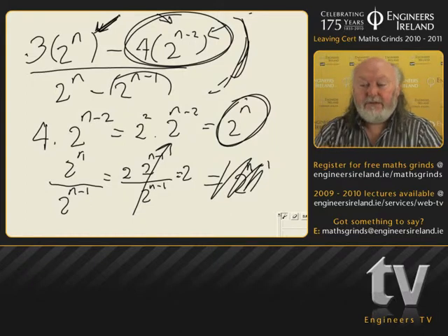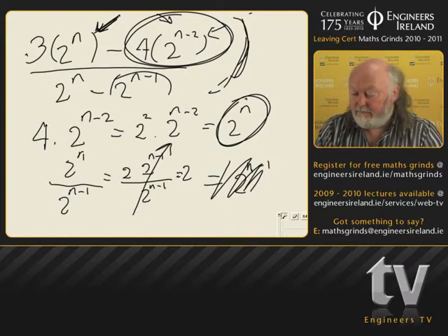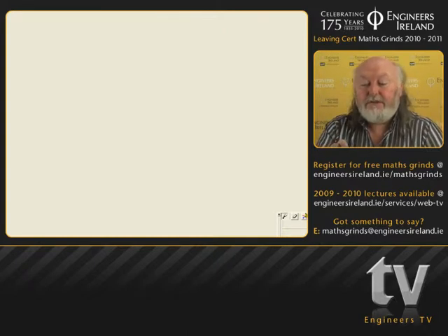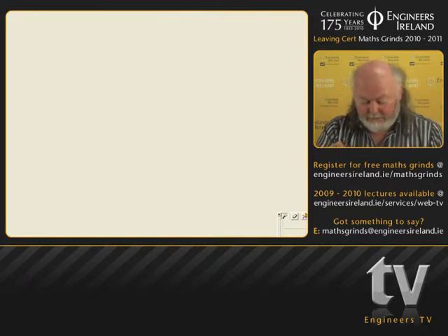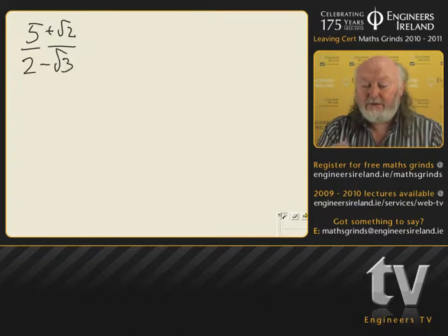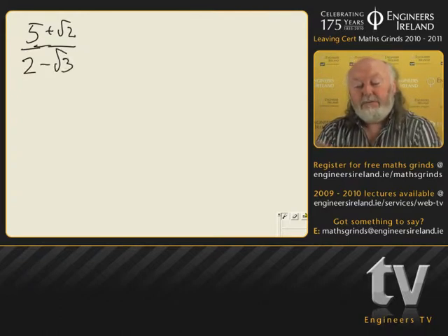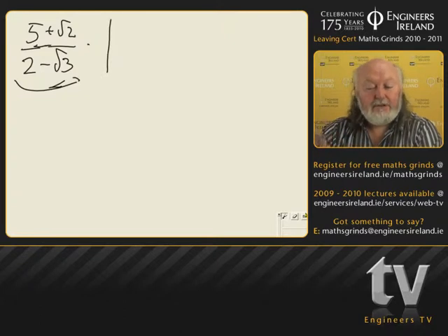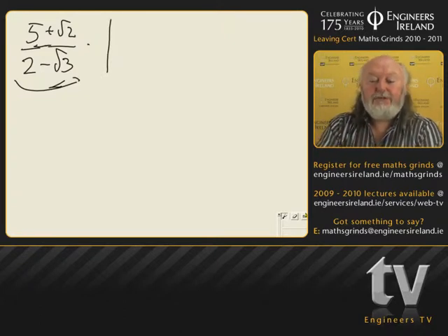When you have a surd underneath the line, and we basically discussed this before, let's just pick for argument's sake 5 plus root 2 all over 2 minus root 3. And you want to get rid of the third part underneath the line. Remember, we mentioned you can multiply it by 1, and 1 is in the form of something divided by something.